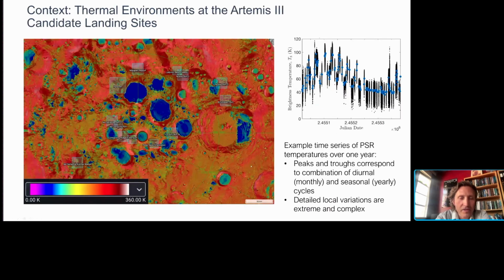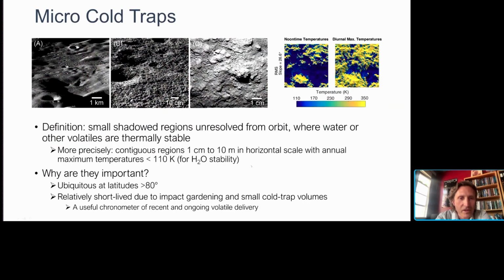So that's the context for the concept of micro cold traps. And there's, I think, a little bit of ambiguity in the definition of micro cold trap. Here's one possible definition. These are small shadowed regions that are unresolved from orbit, where water or other volatiles may be thermally stable.